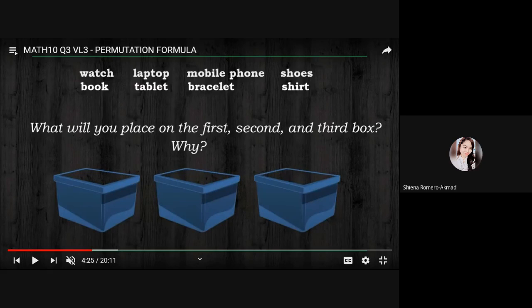Attendance lang tayo. Pabilang po muna ilan yung babae, ilan yung lalaki. Okay. Nandito ngayon, 26. Yung nandito na sa klase, wag na mag-attendance sa kung nasa modular kayo.